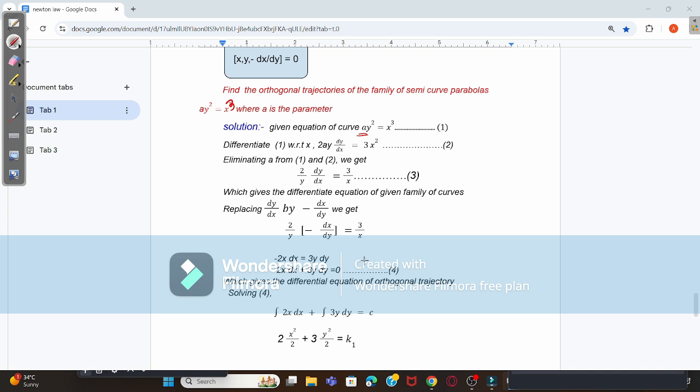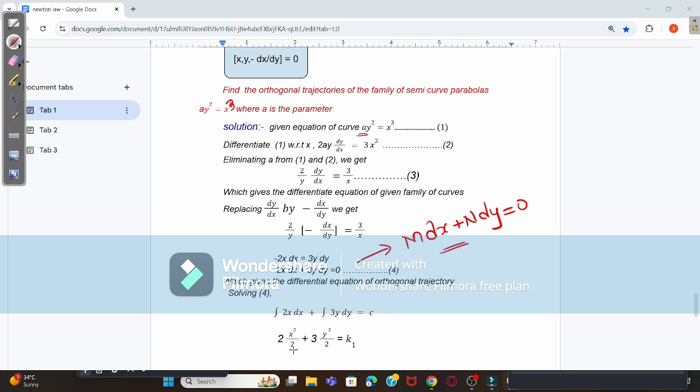This is an exact differential equation, in the form M dx + N dy = 0. Now we have to find the solution by integrating M dx plus integrating N dy = c.